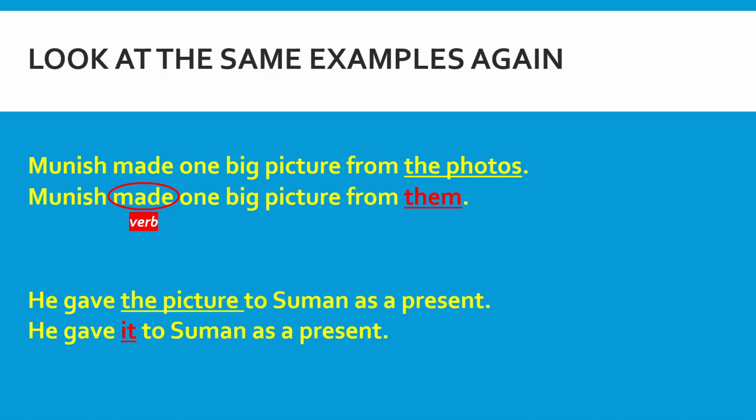Made is the verb, and the object pronoun is them. So obviously, the object pronoun them appears after the verb made. Looking at the second example, it's still the same. The verb is gave, and the object pronoun is it. Again, this is another example that shows that object pronoun it appears after the verb gave.